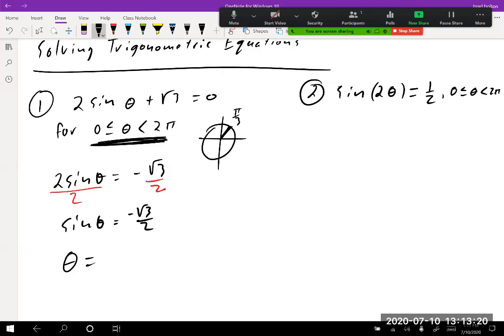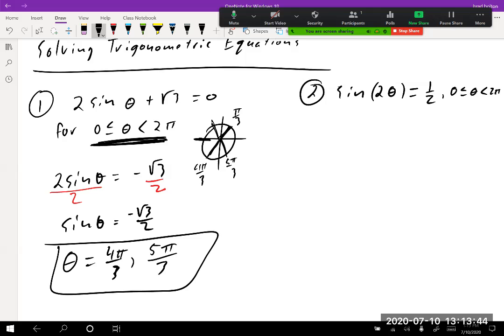So that means we have to find the equivalent in this quadrant and also in this quadrant. So if this is pi thirds, this is 2 pi thirds, this is 3 pi thirds, this is 4 pi thirds, and this is 5 pi thirds. So then our theta is 4 pi thirds, comma 5 pi thirds.